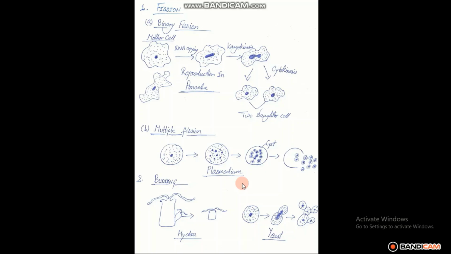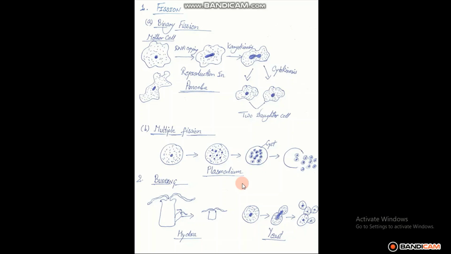Now the second one is budding. It is also a mode of asexual reproduction. Budding means whenever some kind of animal creates an outgrowth from its body, and that outgrowth detaches from the body and lives separately. That is known as budding. Here is the example, hydra.